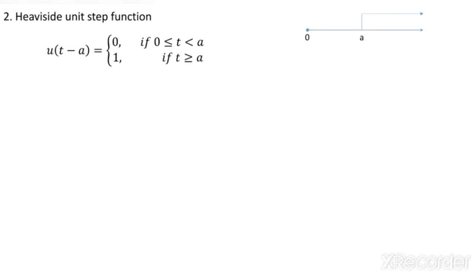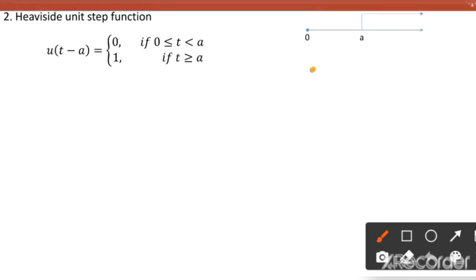It is defined as u of t minus a, where a is any positive value. U of t minus a is 0 up to a, that is 0 less than or equal to t less than a, and it is constant throughout later on, that is 1 for t greater than or equal to a. So the graph is shown here.